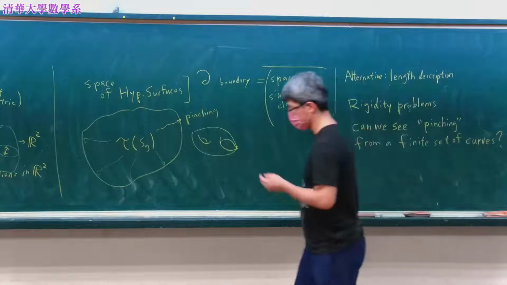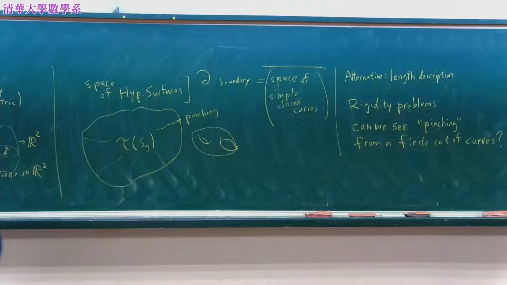If you've ever heard of the story about Kac asking can we hear the shape of the drum, then maybe you know about this type of approach where you say, I'm going to take a geometric object, I'm going to measure some values, and then I'm going to ask, is it possible for me to just measure a few of the values to get the whole picture?